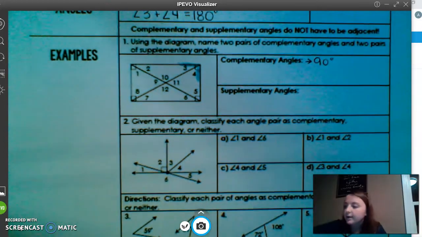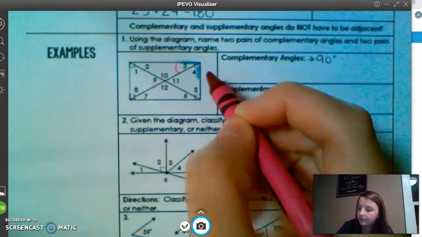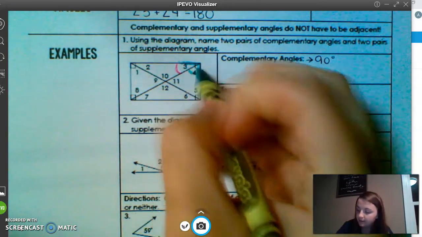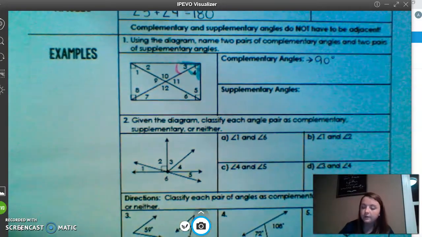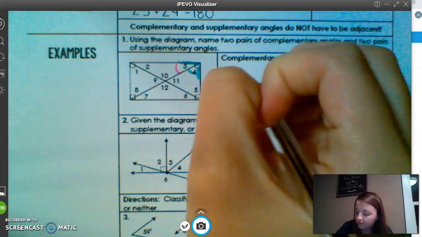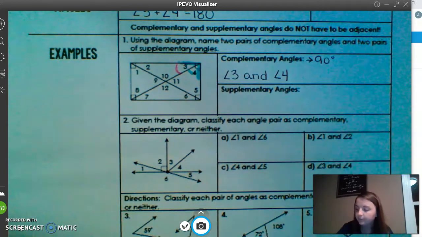And to get that right angle, I can take angle 3 and I can take angle 4. If I put them together, they get me a right angle. So that would be a complementary pair. So angle 3 and angle 4.